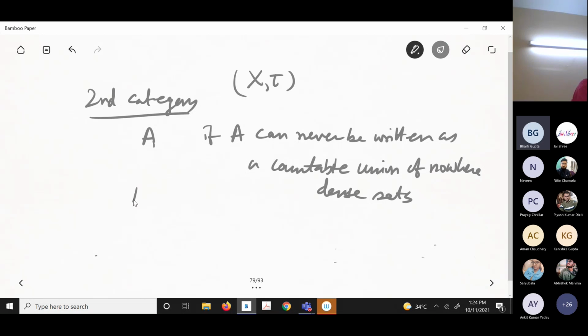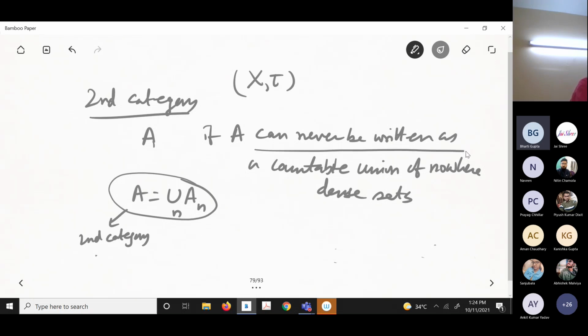That means suppose you have the information that it is a set of second category. And at the same time, somehow you get this, which in functional analysis often happens, that it can never be written as this. That means at least one n there which is not nowhere dense.